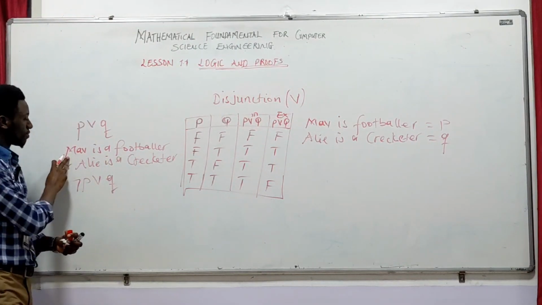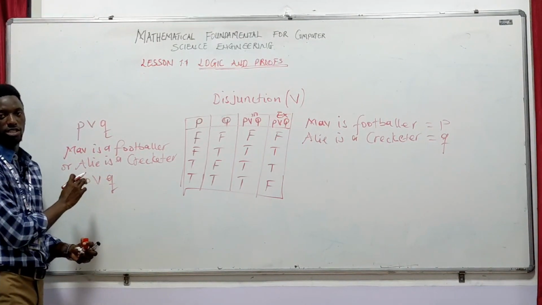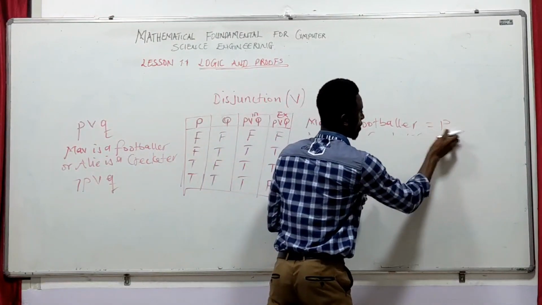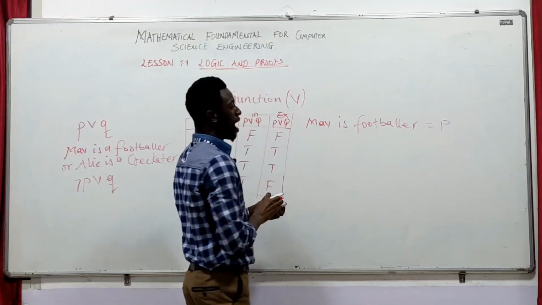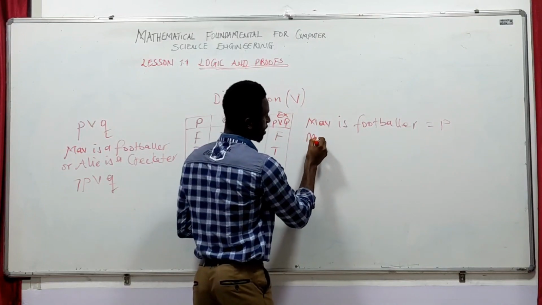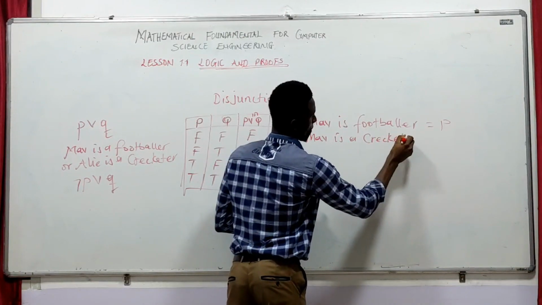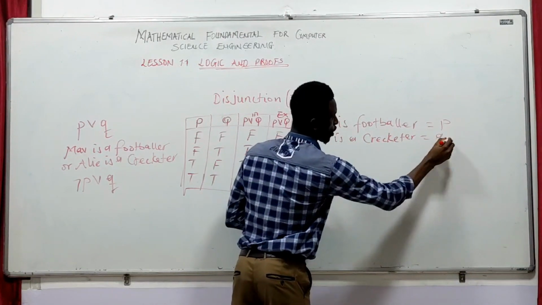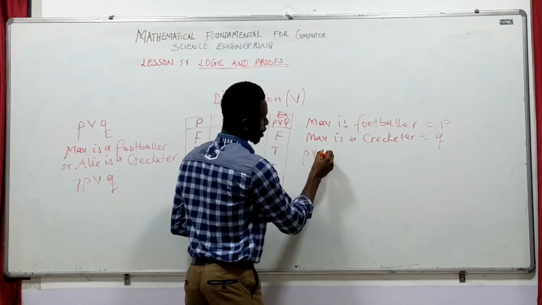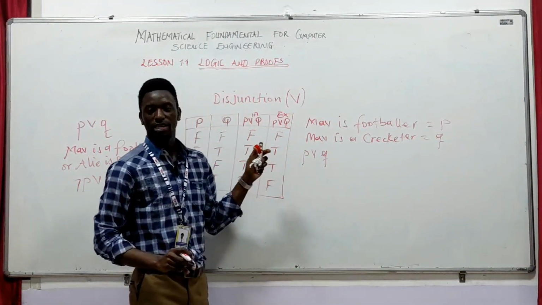Same also, we can do this one. We can represent Marv as a footballer and cricketer, then we try to rearrange the logic statements. So let's say the same Marv is a footballer. Here we indicate this as P, and Marv again is a cricketer. We represent this one as Q. So now P or Q means Marv is a footballer or a cricketer.